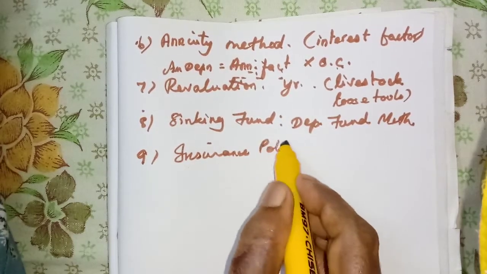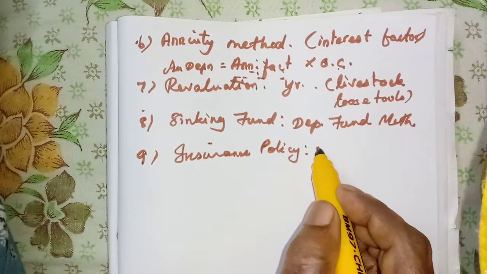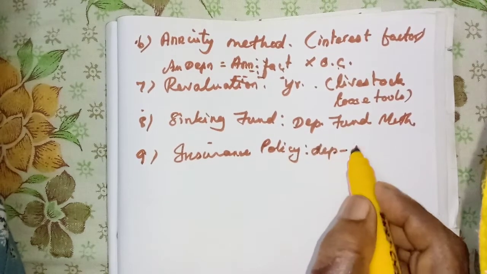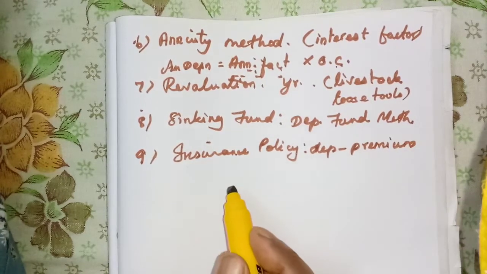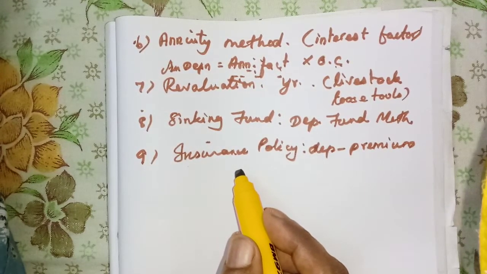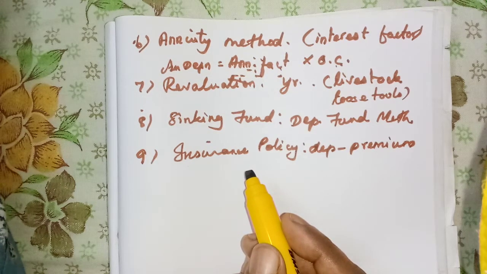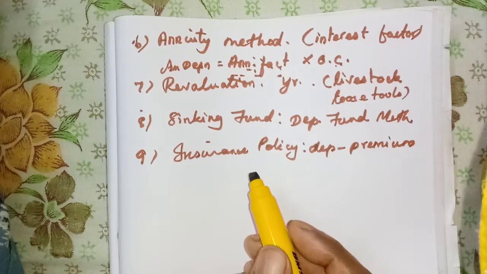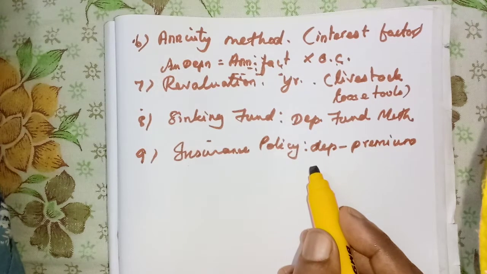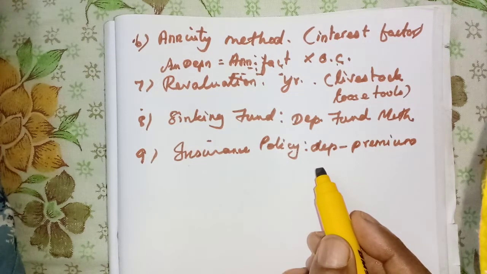Each depreciation amount is considered as the premium, and this premium will be paid to the insurance company every year. Once the old machine gets out of date, they will claim that policy amount and replace that machine with a new machine.